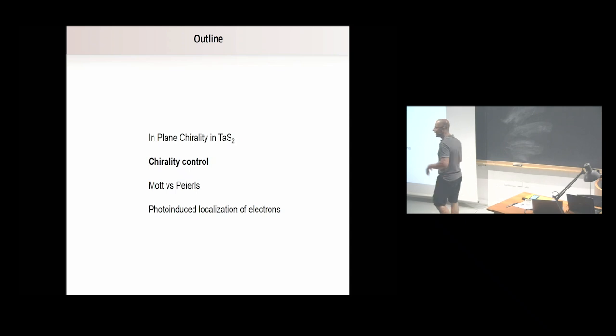Okay, well, you would say to me, what's interesting in that, since it's a space group that has this kind of in-plane chirality, you may have many of them, and what's particular about tantalum disulfide? I would say what is particular here is that the chirality is not related to the main lattice structure, but to the charge density wave.